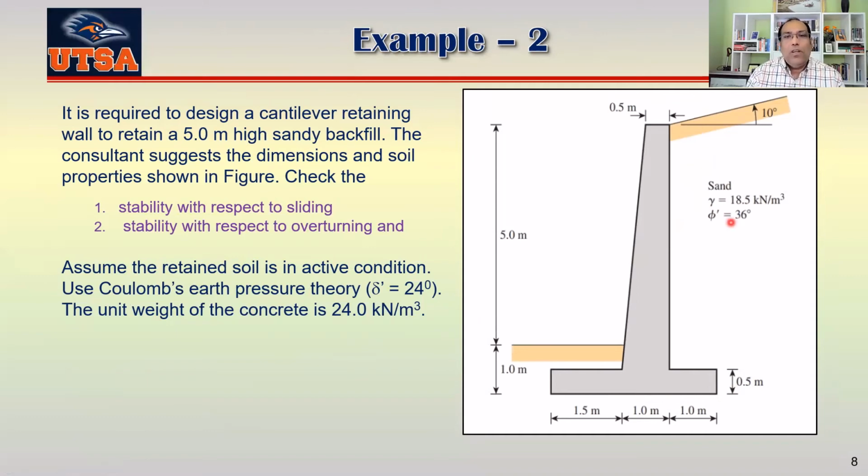If they don't say to follow Rankine's method and Coulomb's method, but the soil is, let's say, clay soil, then you have only the option of following Rankine's method. Okay. Now let's see how we can do this problem with Coulomb's method.